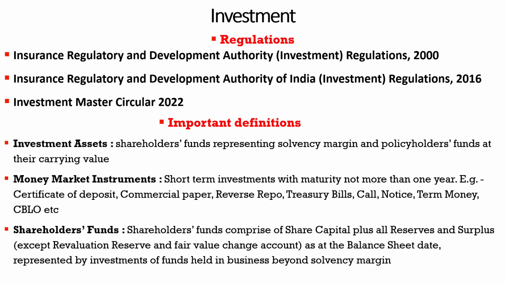The main thing in this regulation is how, according to regulation, we are covering our investments. According to the solvency margin regulation, we also have to adjust our investment, NPA, many things are there. All goes as per regulation. So we'll start from there.